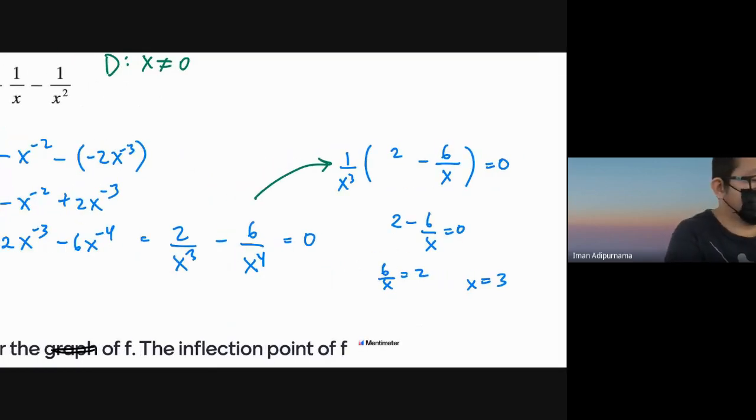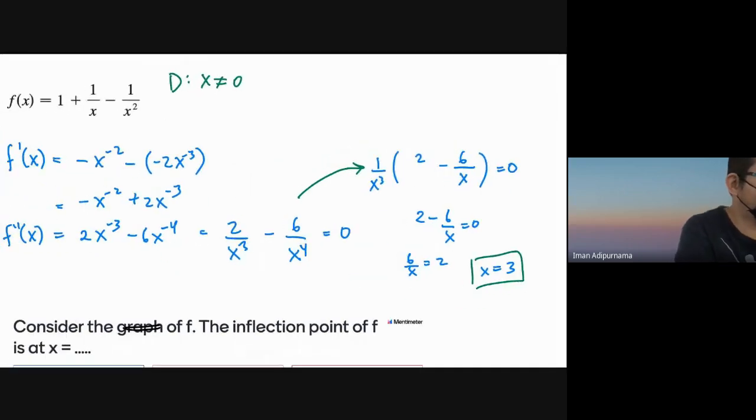And eventually you get x is actually equal to 3. But then to make sure that it's correct, you can check the 3. Remember you have 0 here, probably this is the vertical asymptote, right?